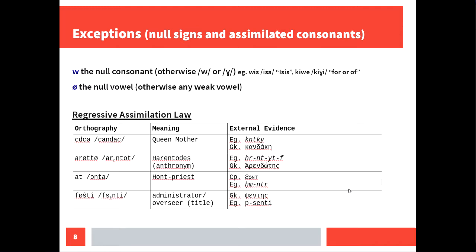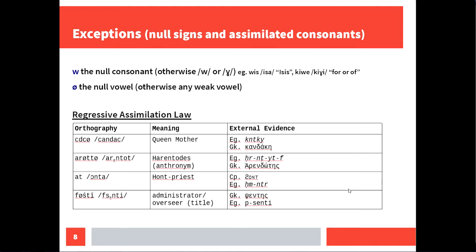There are other variants, W-E-S-E, W-I-S-E, but the canonical lexeme is W-I-S. And as you can see from the underlying sound, of course, it starts and ends in a vowel, Ese or Eset. The English Isis is a Greek vulgarization.